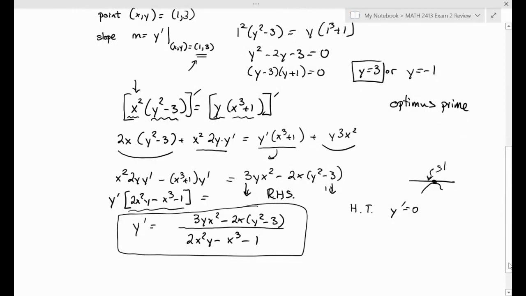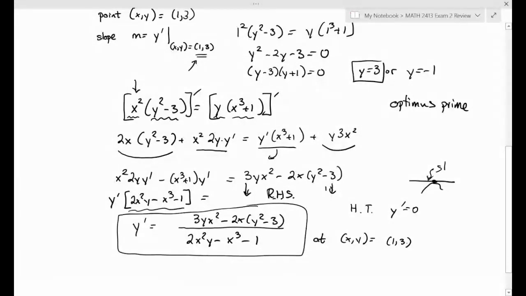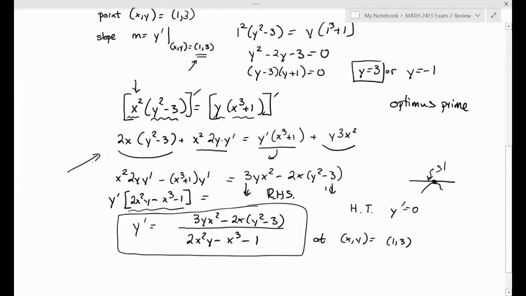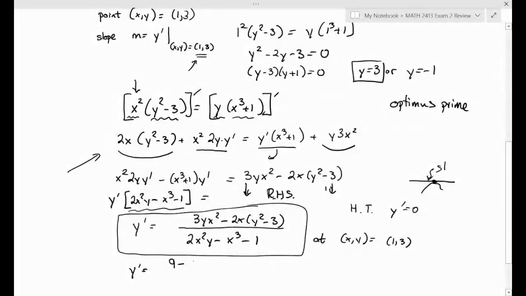But we are looking for the slope at a very specific point. If I were given that point, I would be plugging in the numbers at this point and not bothering with the algebra. So x is 1, y is 3.